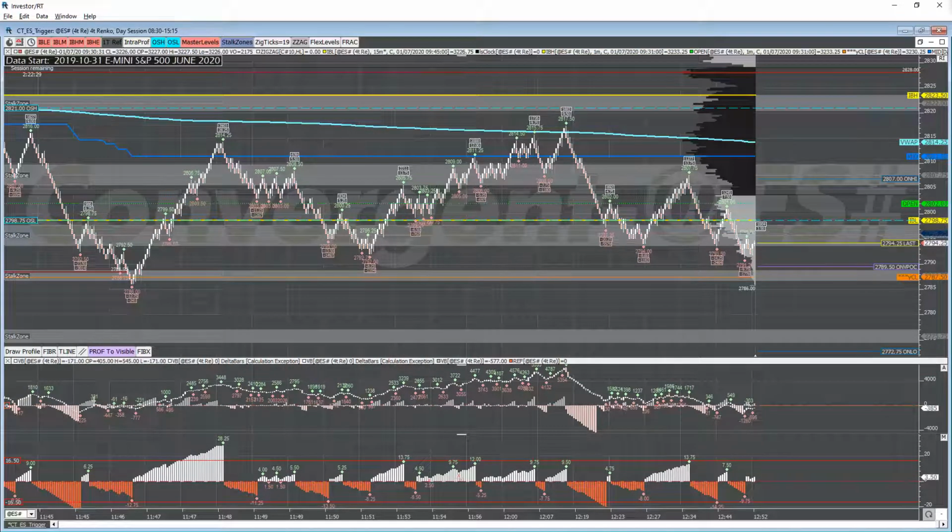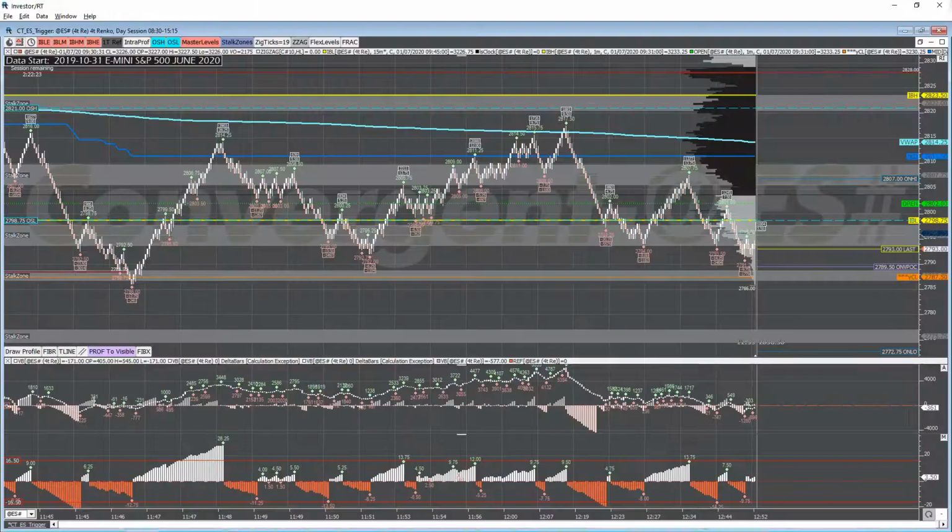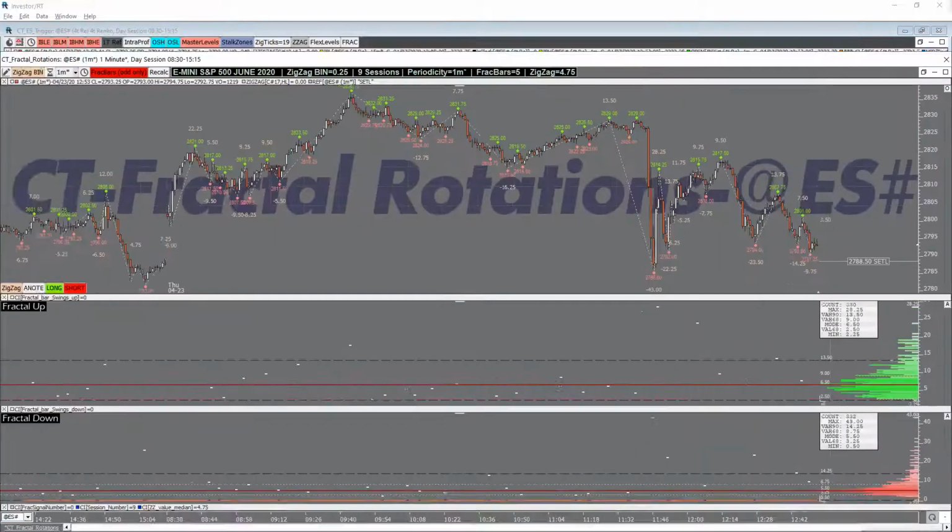So final part, since we're over time here by a lot, sizing things. How do you adjust for volatility? Rotational studies are my go-to to tell me how far I need to have my targets from my stops.